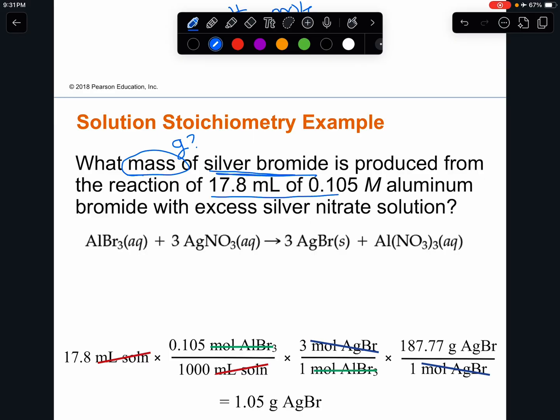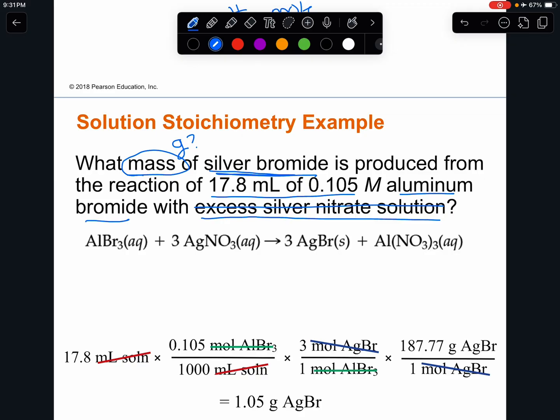Of silver bromide is produced from the reaction of this amount of aluminum bromide. Okay, now when it says an excess of silver nitrate, that's basically telling you this is the excess reactant, and you do not have to pay attention to that. There's no numbers associated with it. Don't worry about it. So it's produced from the reaction of 17.8 milliliters of a 0.105 molarity aluminum bromide. So the first thing I do is just put my information underneath the balanced equation.